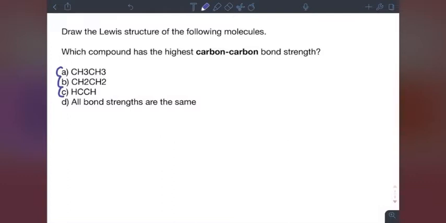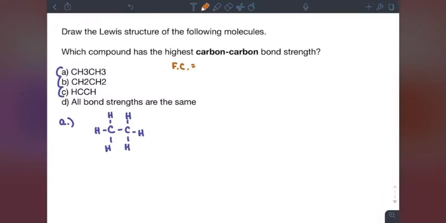So the first one we have is A, CH3CH3, so you have 2 carbons with 3 hydrogens attached to each carbon, and we have this Lewis structure. What I look at to make sure that this is the right Lewis structure is the formal charge of the molecule.